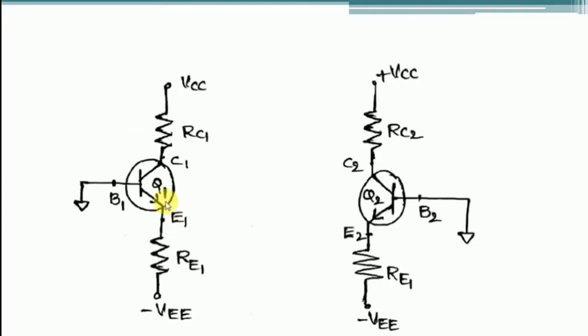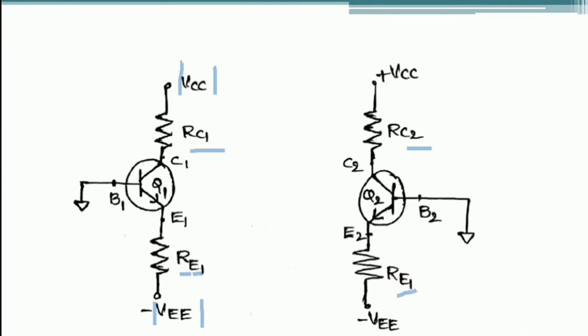Here we have to make certain assumptions: the two transistors Q1 and Q2 have exactly matched characteristics, the two collector resistors RC1 and RC2 are equal, which is equal to one resistance RC, the two emitter resistors are equal, and the magnitudes of the supply voltages are equal irrespective of sign.